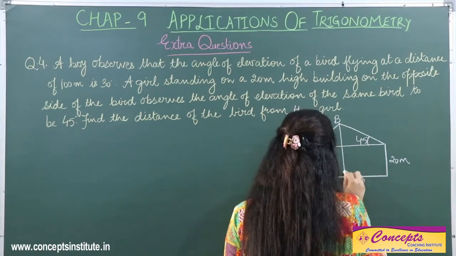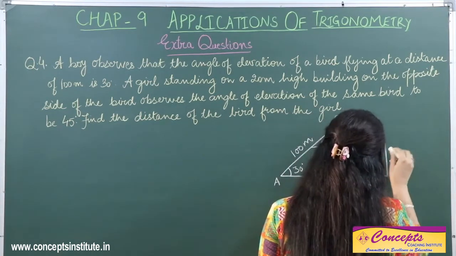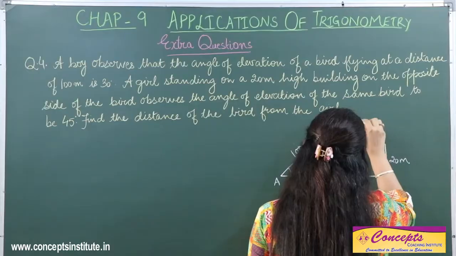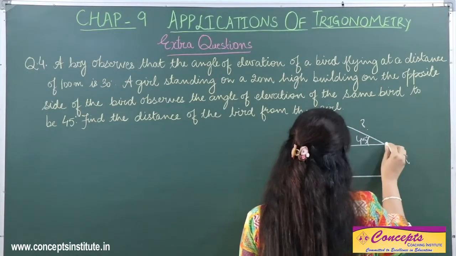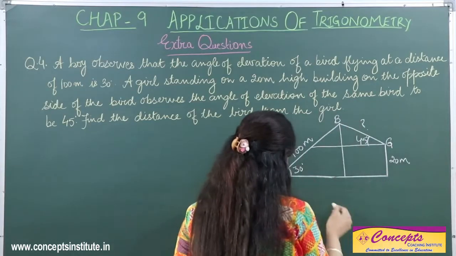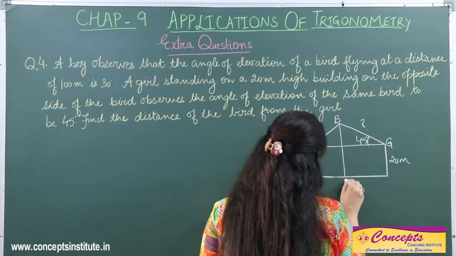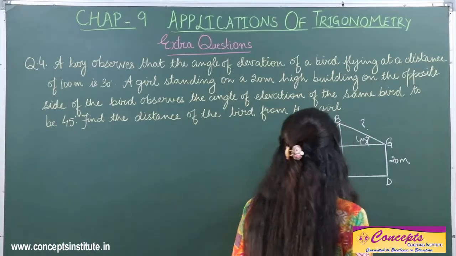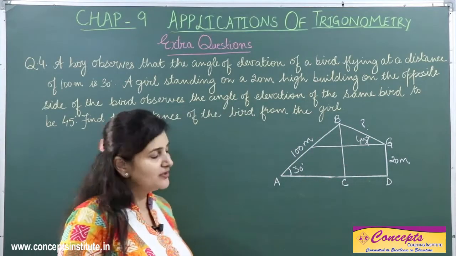Let me just make a perpendicular here. And what are we supposed to find out? We are supposed to find out this distance of the girl from the bird. So let me just denote the girl by G. So we have this as C and D. So BG is what we have to find out.